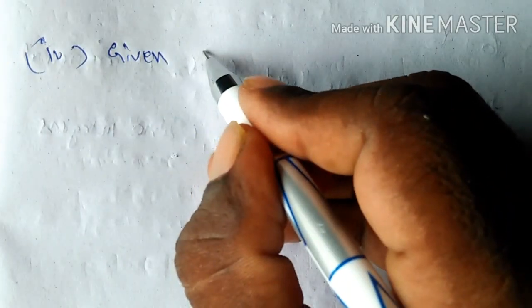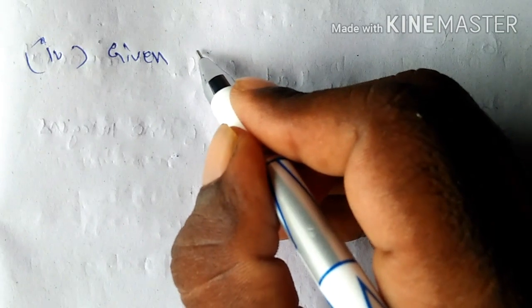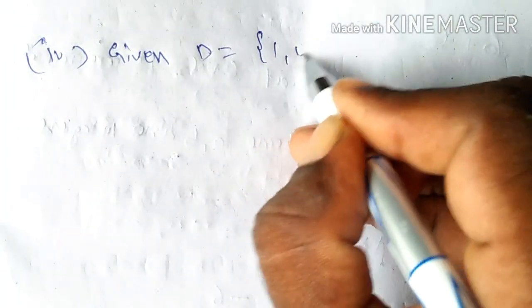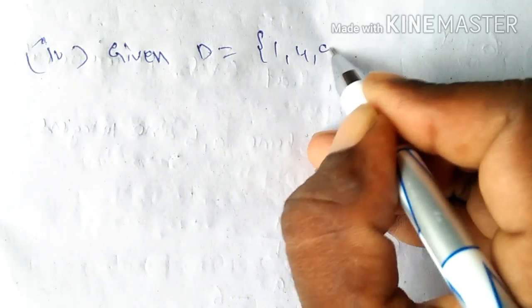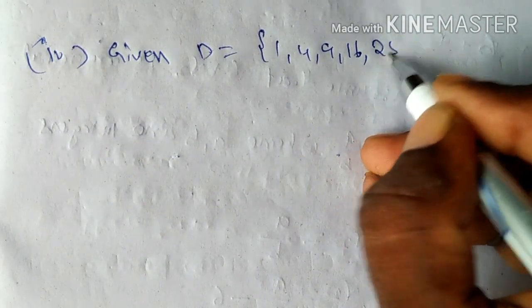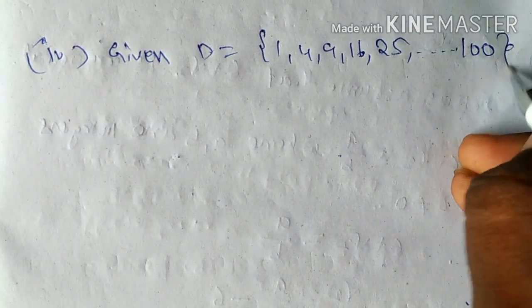Fourth one, given. What he has given? D is equal to 1, 4, 9, 16, 25, dash dash, 100.